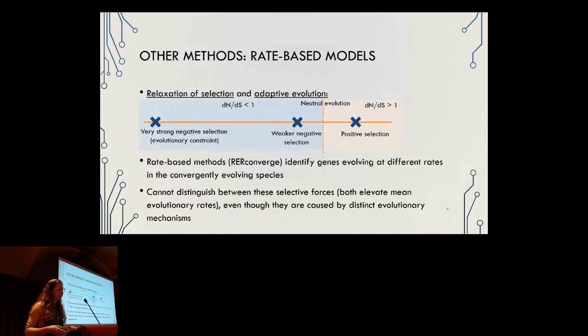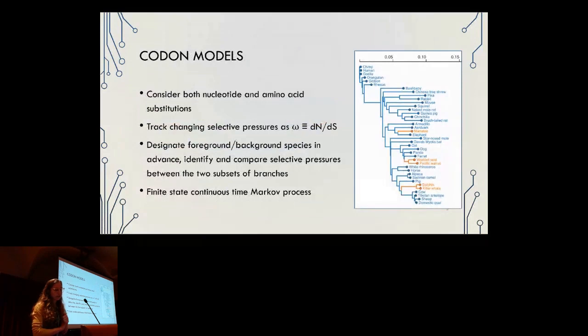RERconverge is a great model. It was developed by our collaborators, but we wanted to have a way to identify adaptive evolution. So that brings us to codon models. Codon models inherently consider both the nucleotide and amino acid substitutions, and they track the selective pressures as omega, which approximates dN/dS, again, the non-synonymous to synonymous substitution rate ratio.